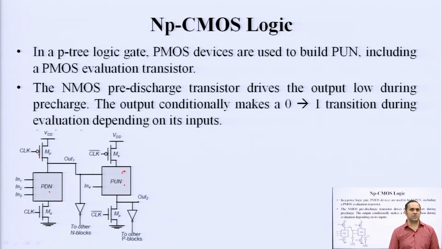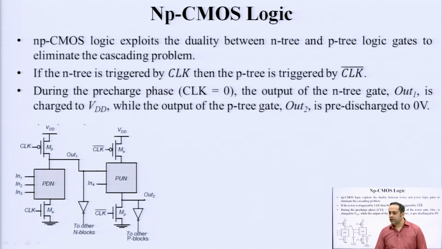The NMOS pre-discharge transistor drives the output low during pre-charge, and the output conditionally makes a 0 to 1 transition during evaluation, depending on what logic you are implementing. It exploits the duality or complementary nature of n and p type devices, thus helping you eliminate the cascading problem.